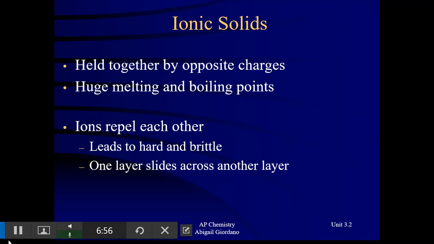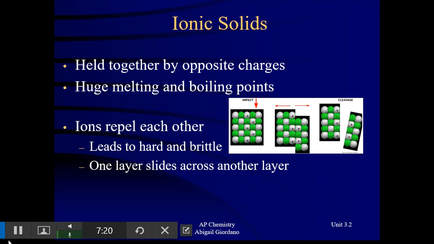Let me say this first. Opposite charges attract to each other. Like charges repel each other. And this is the reason why ionic solids are very brittle. If you drop a big chunk of NaCl, table salt, on the floor, it will shatter. And that's very brittle. And here's why.